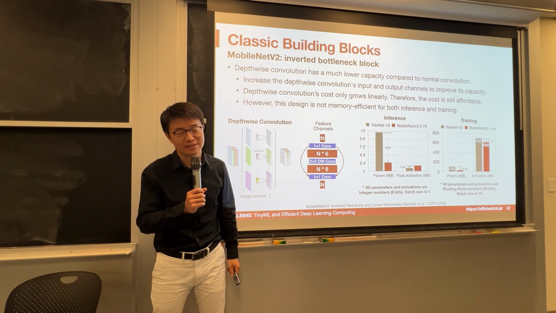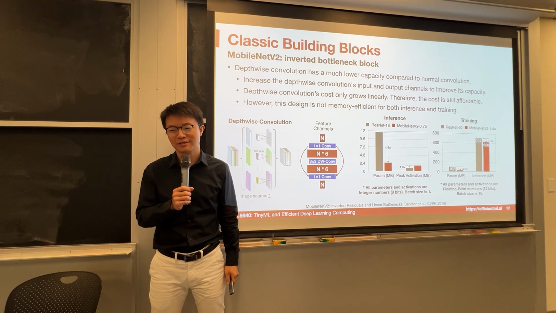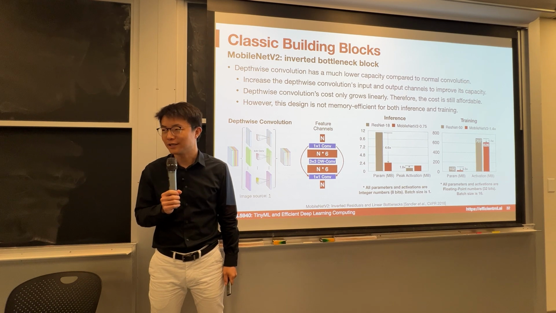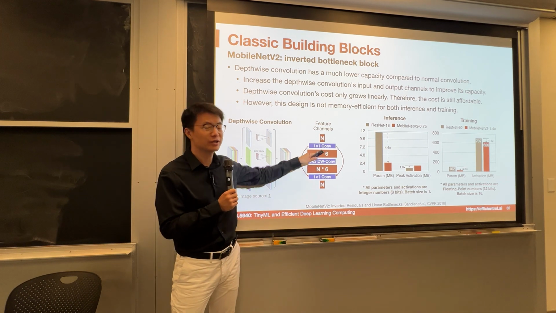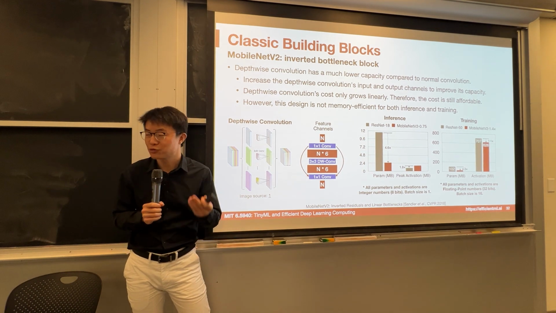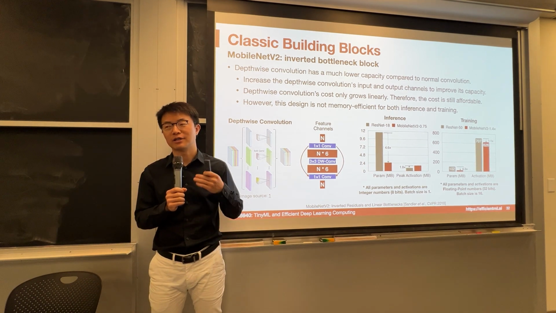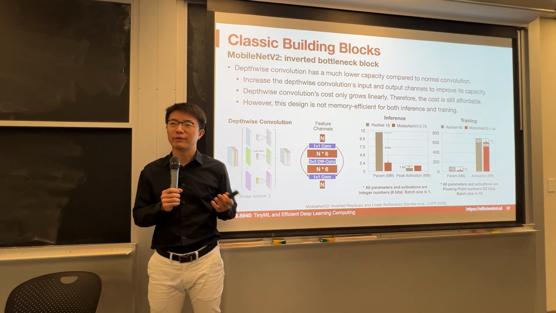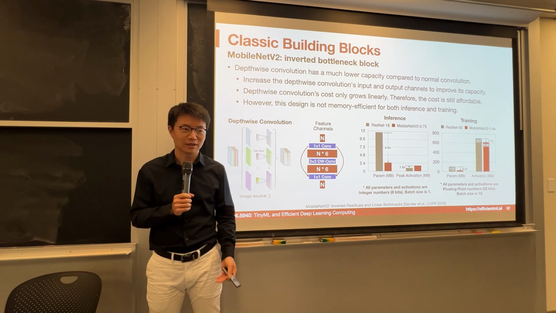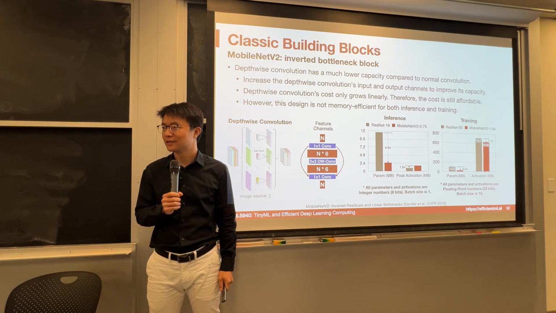So does that impact the number of parameters? It's linear, right? The number of parameters is proportional to the number of channels. Since it's a depth-wise layer, the number of parameters is just 3x3 times the number of channels. What about the compute?